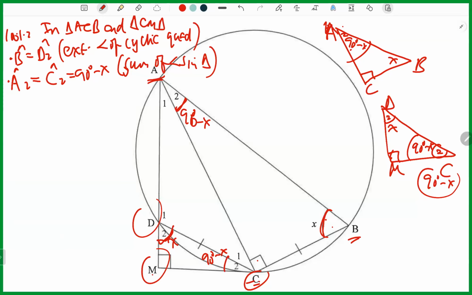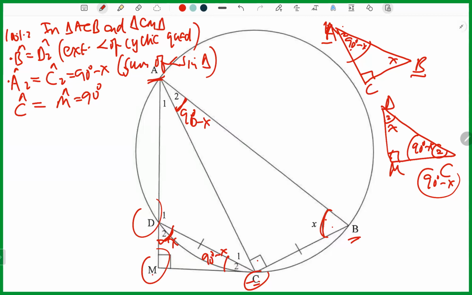And then we can see clearly that, so we've seen that angle B is equal to D2. And we've seen that angle A2 is equal to angle C2. And then we can therefore see that angle C is equal to angle M equals 90 degrees.